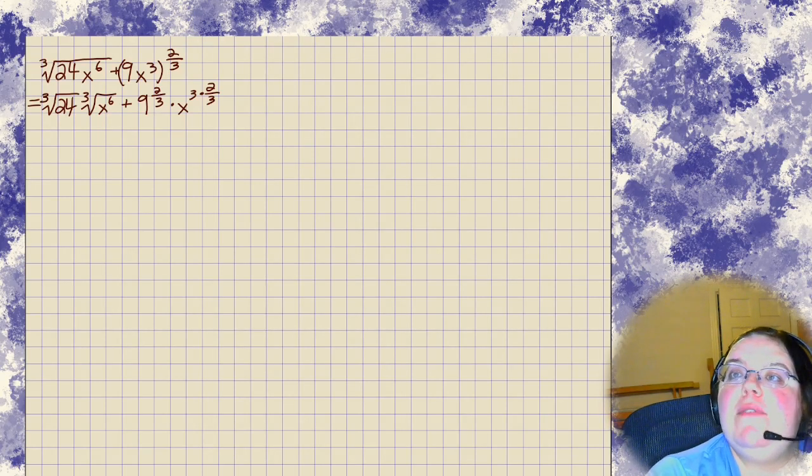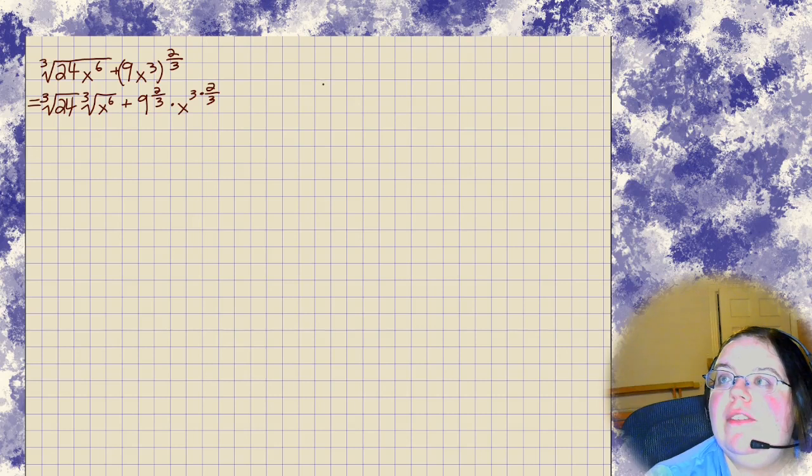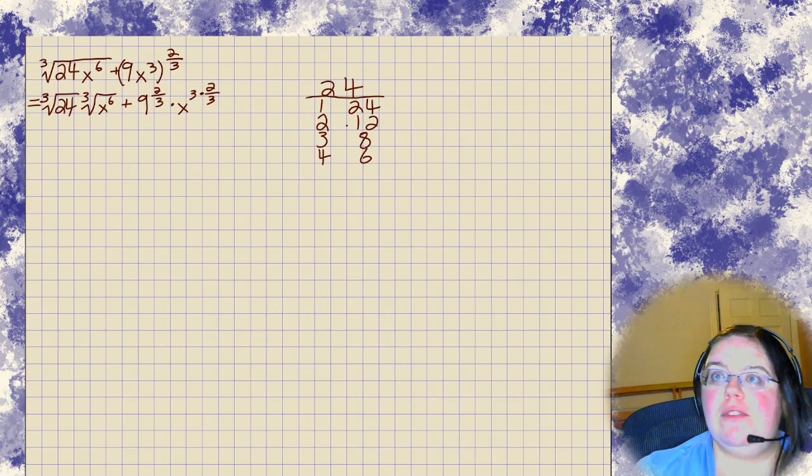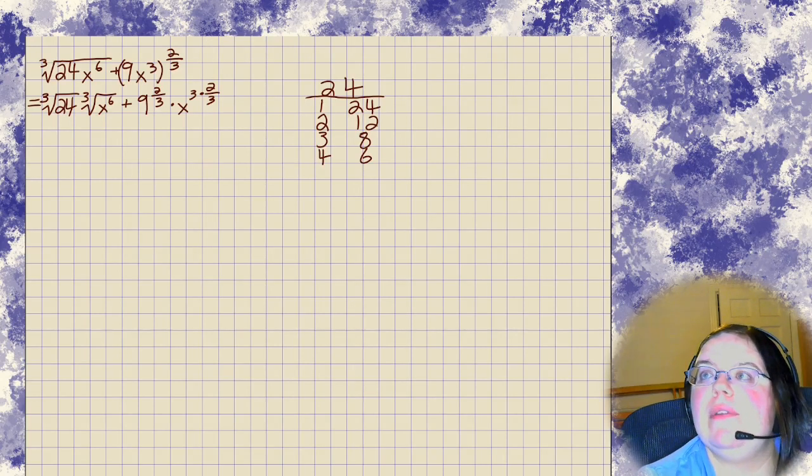So I see I've got a 24 to contend with here. So I'll use a factor table for that again. So we could have 1 and 24, 2 and 12, 3 and 8, or 4 and 6. This time, instead of square numbers, I'm looking for cube numbers.